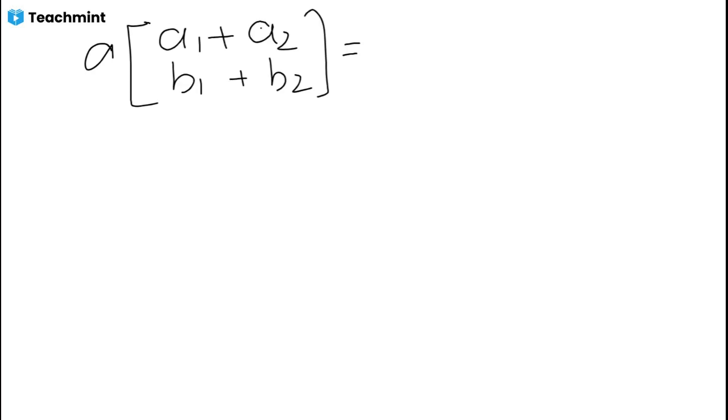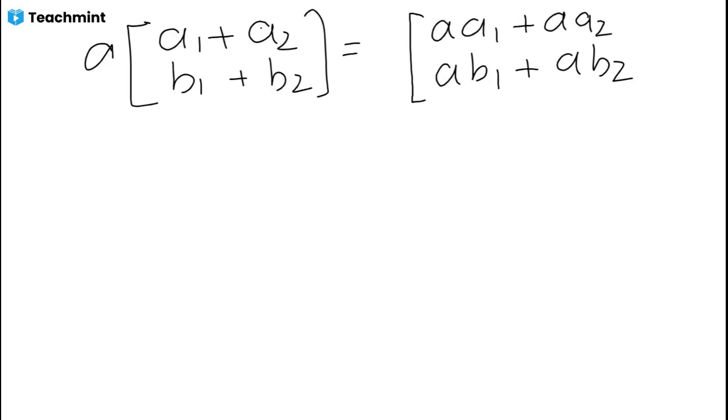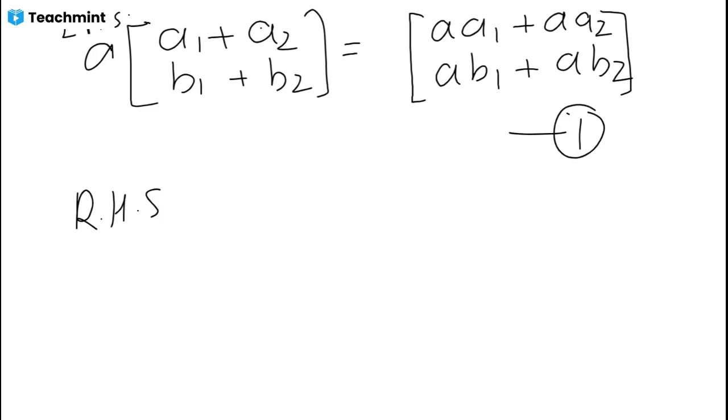So obviously a will multiply here: a into a1 plus a into a2 and a into b1 plus a into b2. Let us mention equation 1. This is LHS, and now let us take RHS.